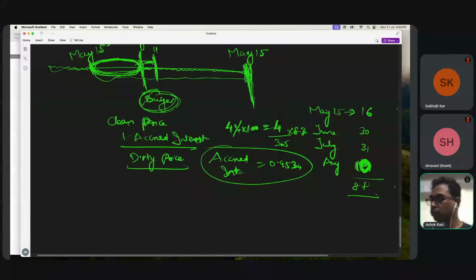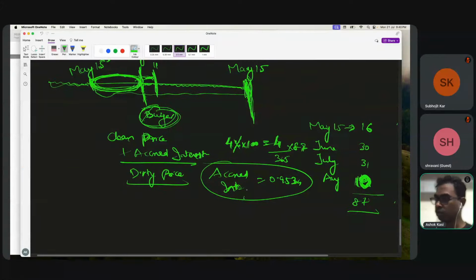Now there is one more way to calculate this accrued interest. The method we did is called actual to actual.